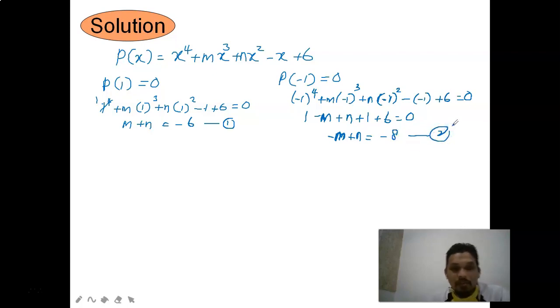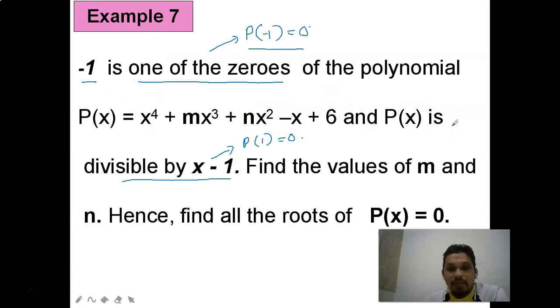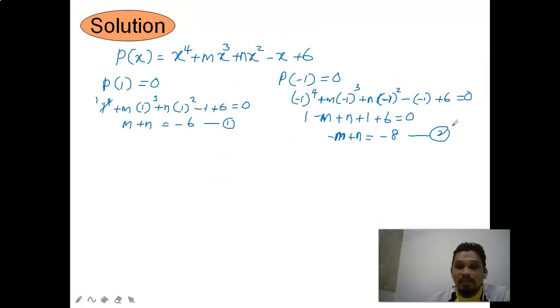Okay, so what's the question just now? Find the values of m and n and find all the roots. Okay, now we're going to find the values of m and n. There are two equations, equation 1 and equation 2, and the variables m and n. So we may use equation 1 minus equation 2: m plus n equals negative 6, and negative m plus n equals negative 8.